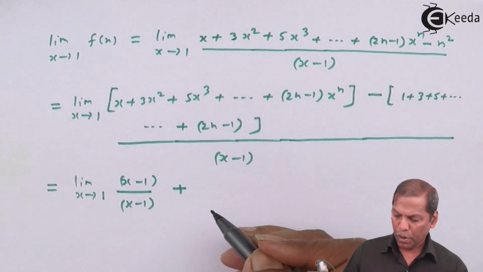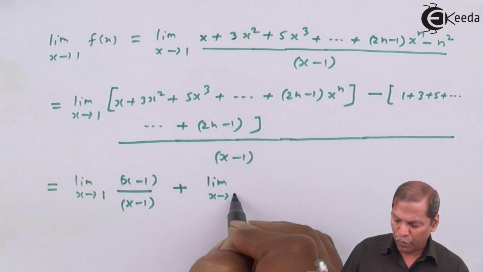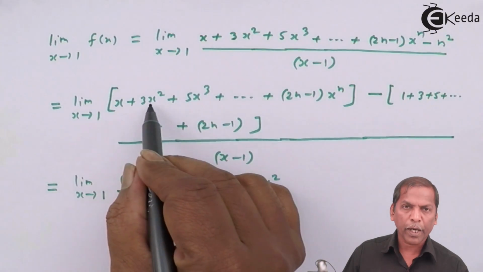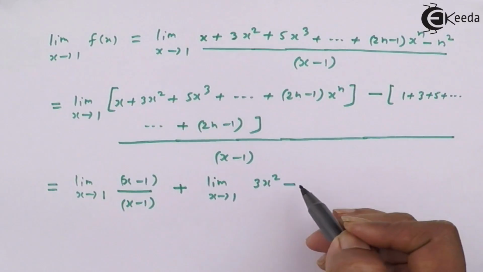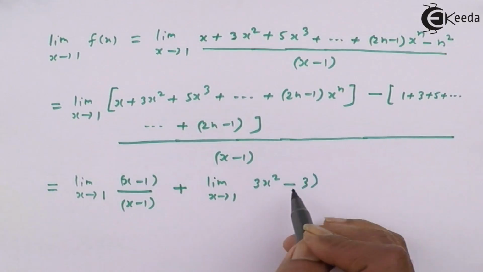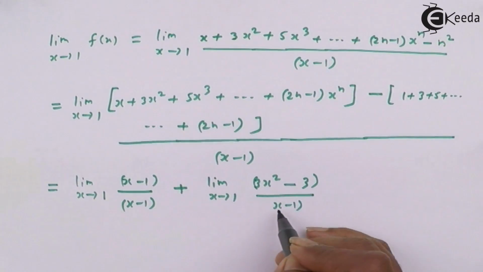Then plus, we have limit x tends to 1, we write the second term, that is 3x square from the first bracket, and then minus the second term, that is 3 from the second bracket, and whole thing divided by x minus 1.